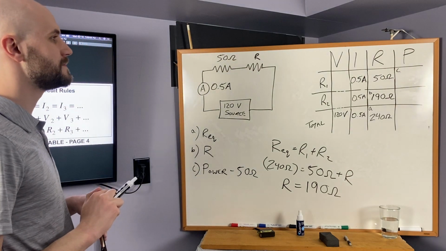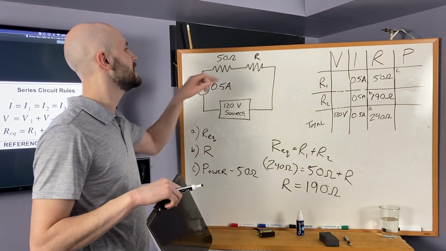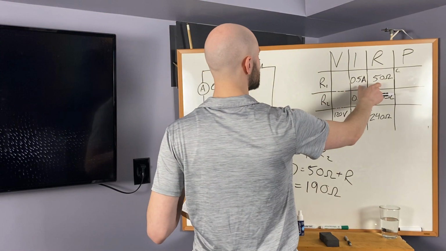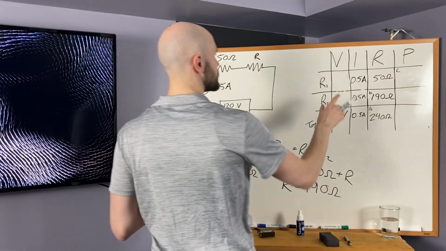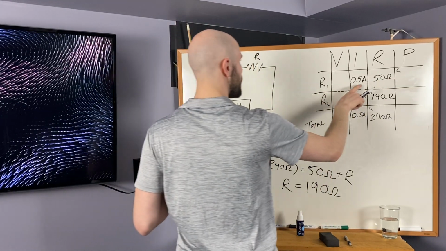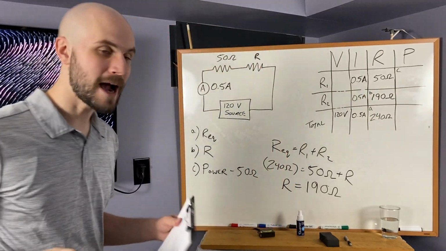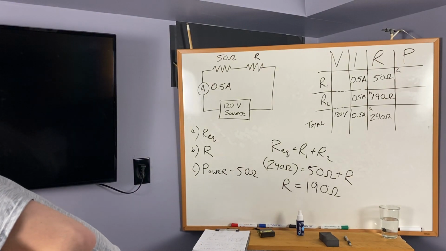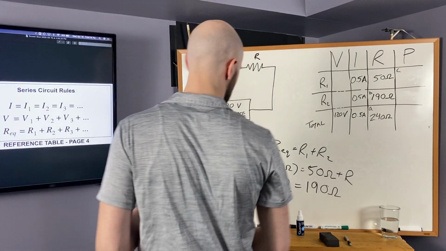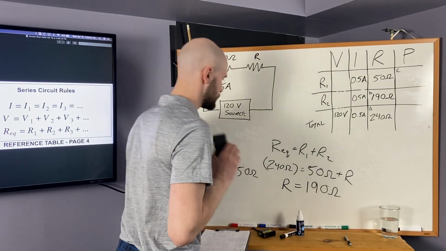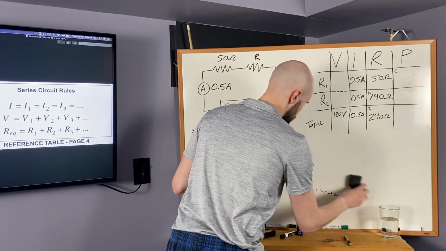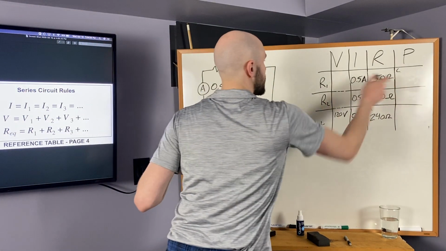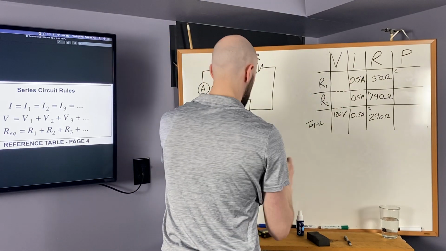And for part C, we want the power dissipated by this resistor. Well, we know the current, we know the resistance, that's enough information to get the power. As long as I know any 2 of these in the row, I can get over to the power using one of the power equations. Okay. The power dissipated by resistor 1. We know the current, we know the resistance.